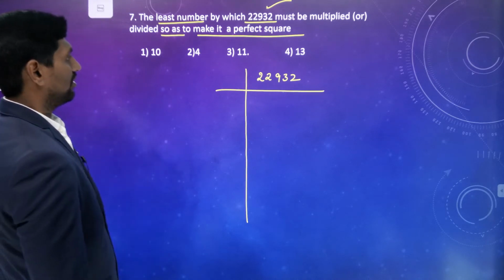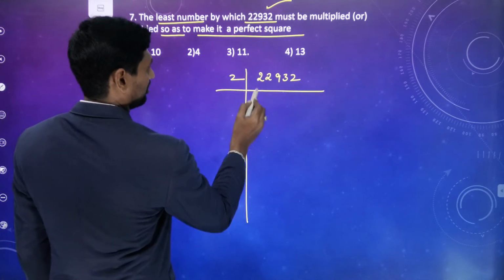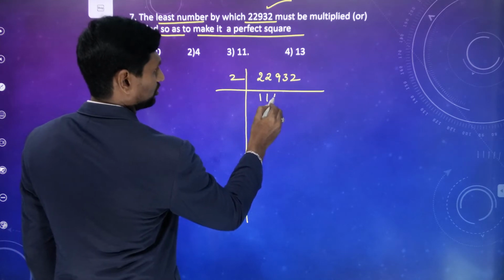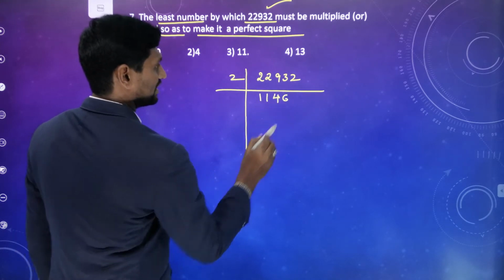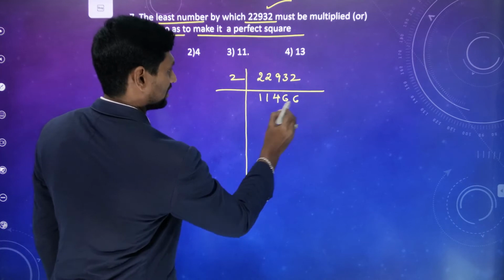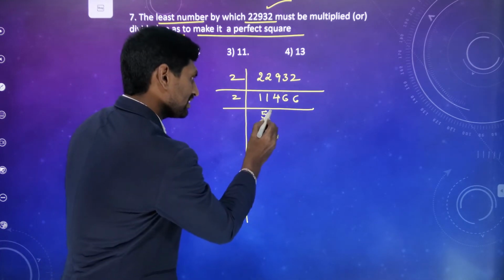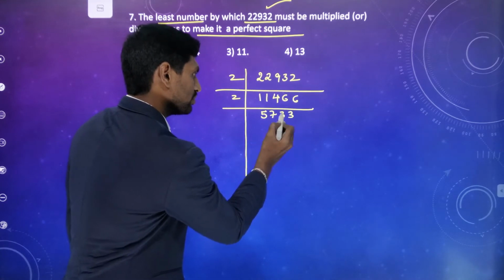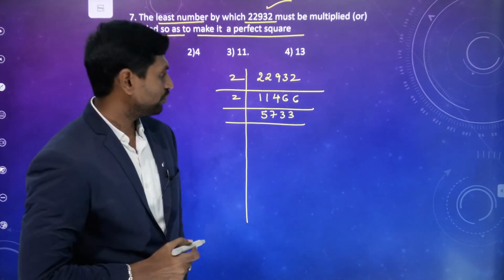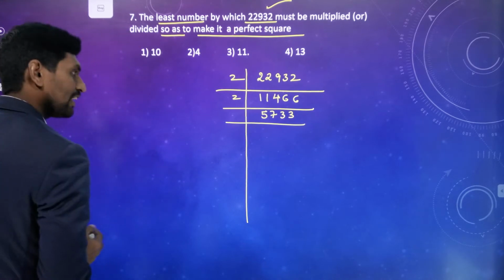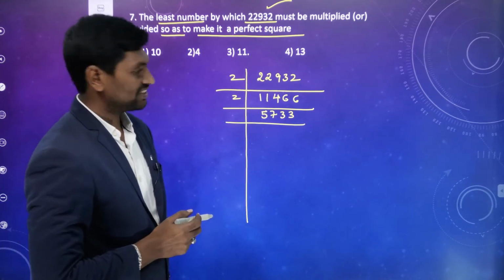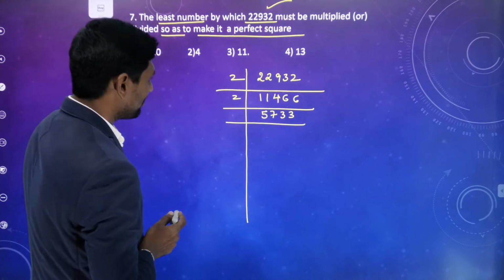Okay, right. 2 table: 2 1s are 2, 2 4s are 8, 2 6s are 12, again 2 6s. 2 5s 10, 2 7s 14, 2 3s. Now 2 table won't come, 3 table also not, 5 is not coming. Is there any chance of 7?